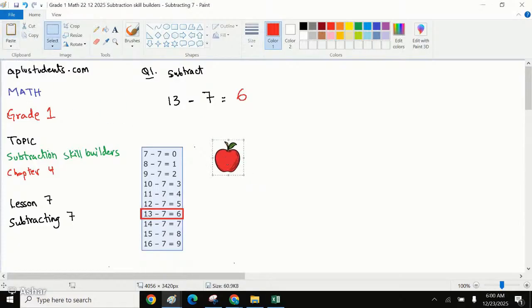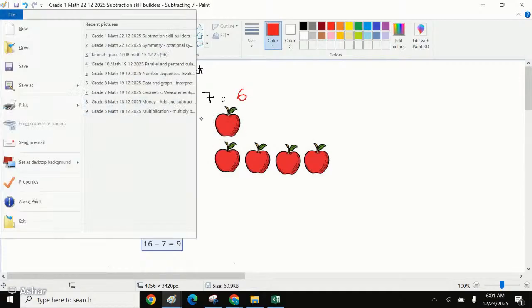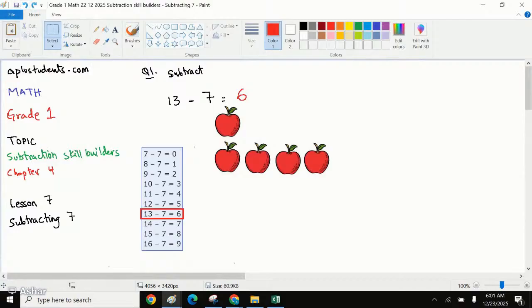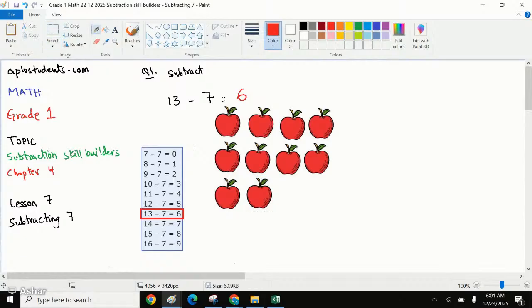If we have 13 apples, 1, 2, 3, 4 apples, we'll count them together. 5, 6, 7, 8, 9, 10, right? Let's write down the numbers.